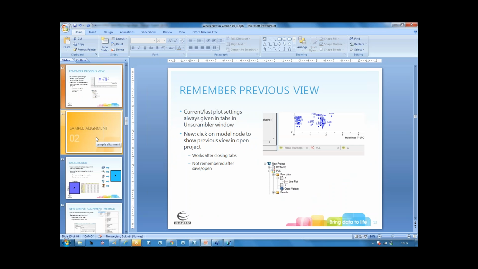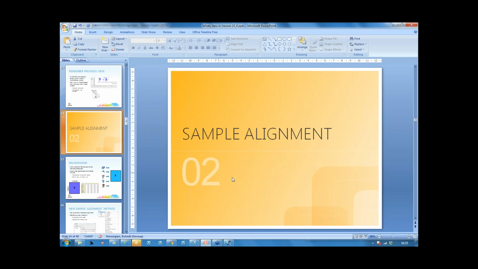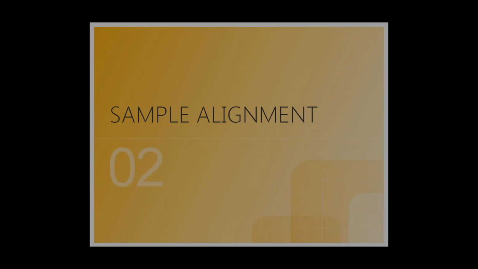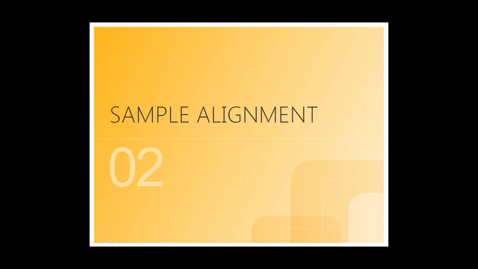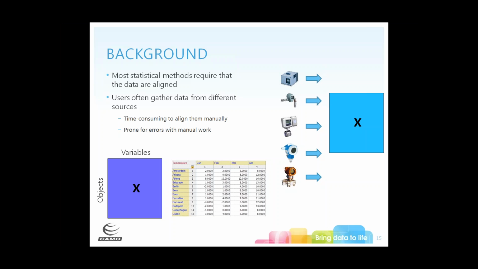So with that, I think I will talk a little bit about the sample alignment, which also is a very much requested feature that we are glad to be able to introduce. So a little bit of background here. If you do statistical analysis, usually you have to align the data.